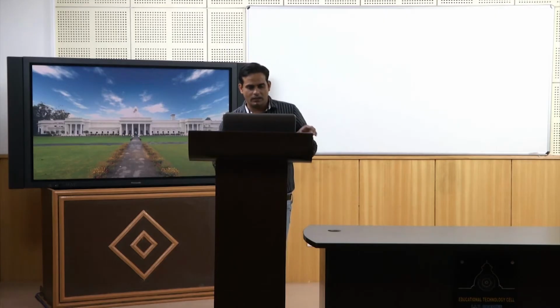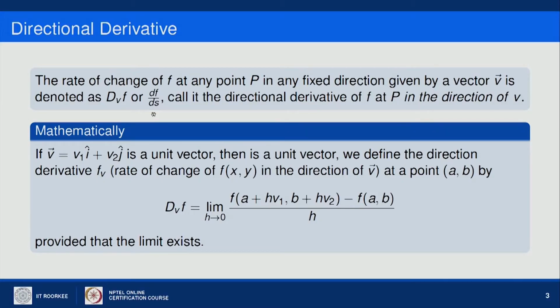Another important concept where we will make use of the gradient later on is the directional derivative. The directional derivative of a function f is the rate of change of f at any point p in any fixed direction given by a vector v.